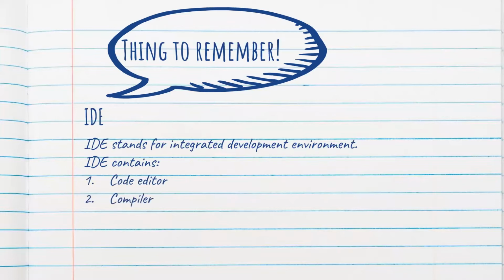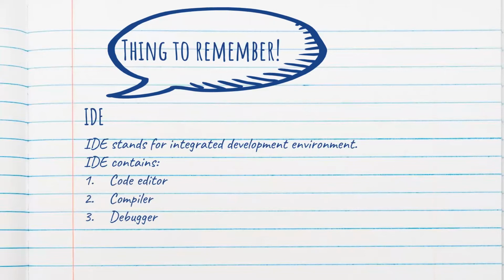The second thing is compiler. Compiler is a software that translates high-level language into machine code. And the third thing that is present in an IDE is a debugger. Debugger is used to detect and remove errors from a computer program.